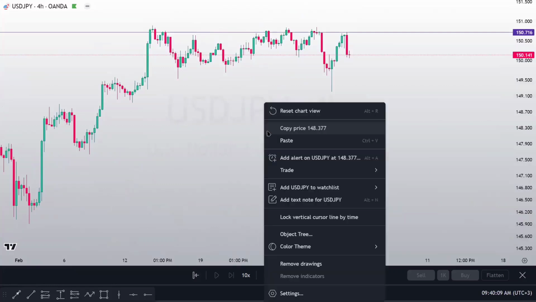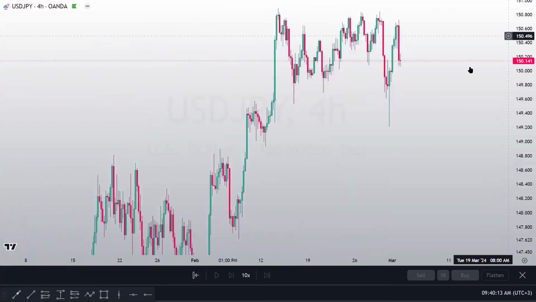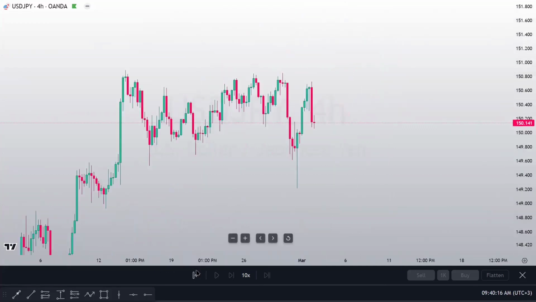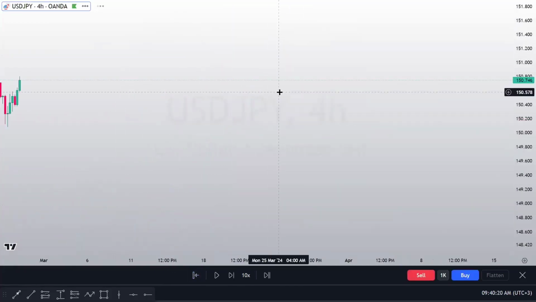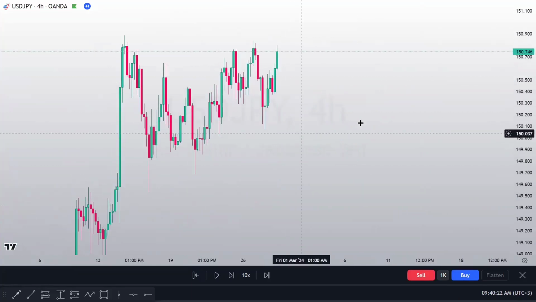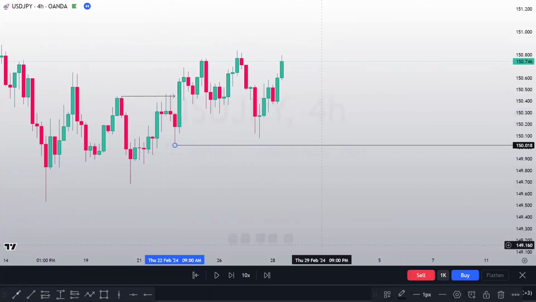Let's look at another pair. We also took the USDJPY. I remember the entry was located at this point right here. It was just an intraday trade. Taking this entry, we had a shift on this area, and also we had a formation.